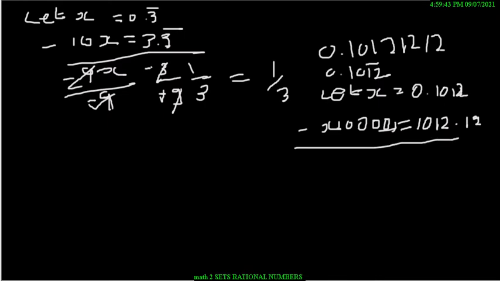We subtract the values on top, and 10,000x minus x will be 9,900x, which is equal to, when we subtract this, we get 1,002.